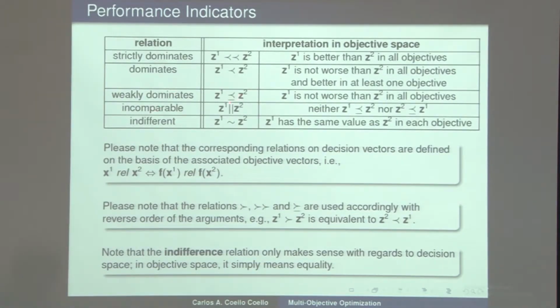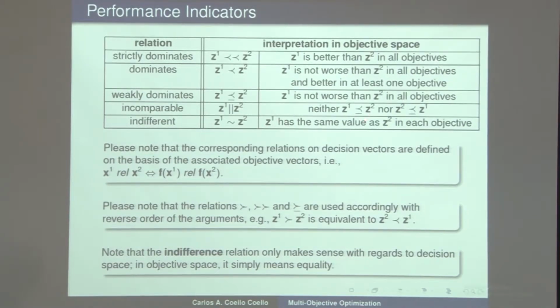Weakly dominates, you see, has the equal sign here. This means set 1 is not worse than set 2 in all objectives. Incomparable, I put the double bar: neither set 1 weakly dominates set 2, nor set 2 weakly dominates set 1. And indifferent is different from incomparable.